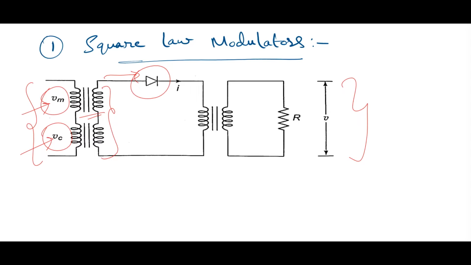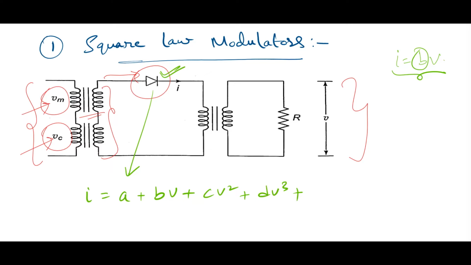Now we know that for a linear relationship between current and voltage we can write I equals B into V. B here is actually the conductance, but this equation will not hold for square law devices. All semiconductor devices are square law in nature. So the current across a square law device is generally I equals A plus BV plus CV square plus DV cube plus more higher powers.